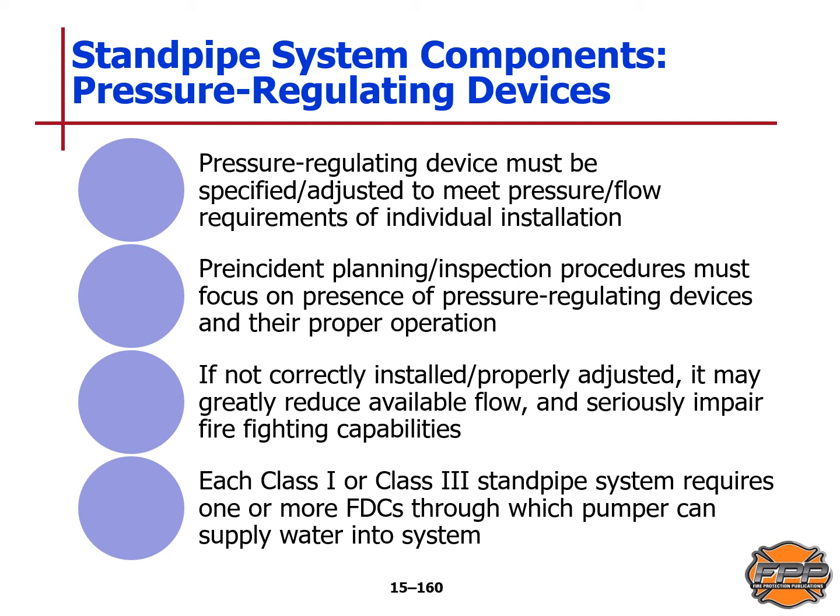Third, if not correctly installed and properly adjusted, it may greatly reduce available flow and seriously impair firefighting capabilities. And fourth, each Class 1 or Class 3 standpipe system requires one or more fire department connections through which the pumper can supply water into the system.